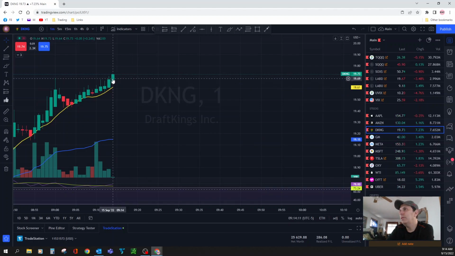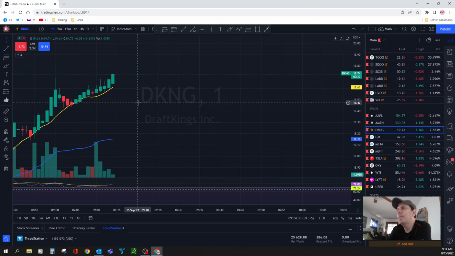Second candle, green, big move. It's just too high on the RSI. I'm so close to pushing the button. But let's wait. Let's wait for the down move.